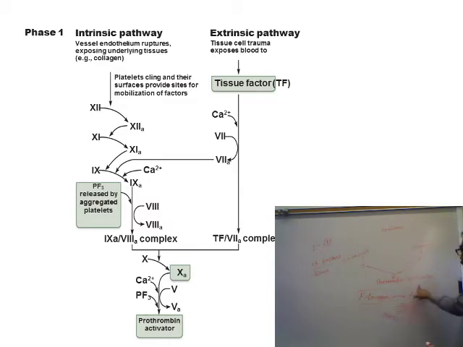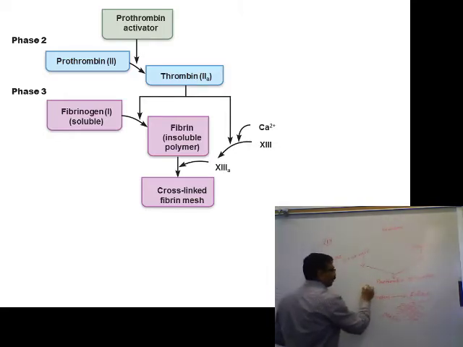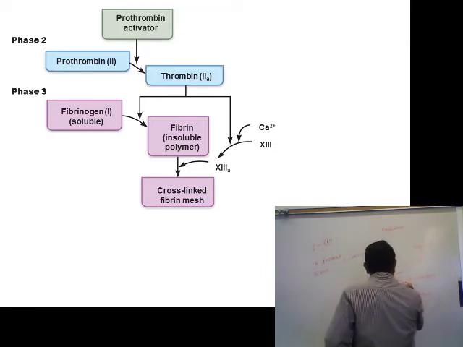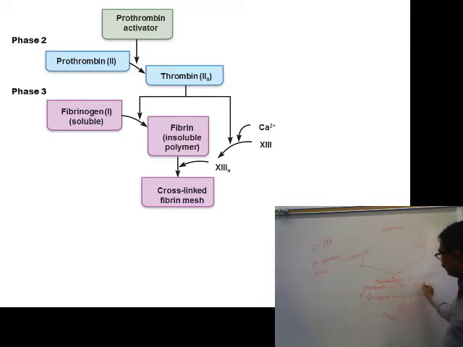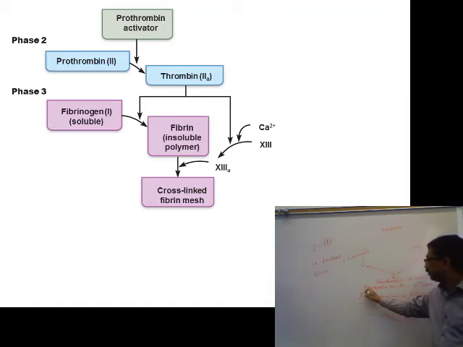So now you tell me, what should be the function of this? Its name is telling you. It activates prothrombin. Make sense? That's why it is called prothrombin activator. So the prothrombin activator works on prothrombin and activates it and produces thrombin. So this is inactive, this is active.